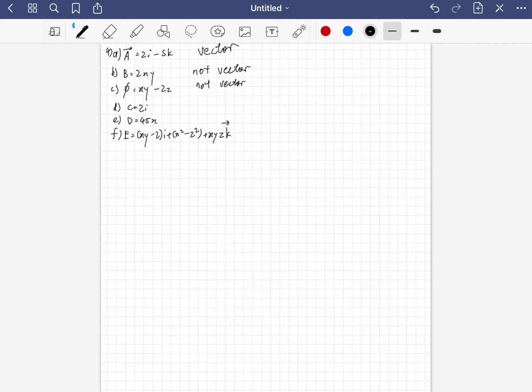For equation D, which is C equals 2i, this is a vector. This is because the i is like the x, the unknown, which represents the vector. Equation E is a non-vector.